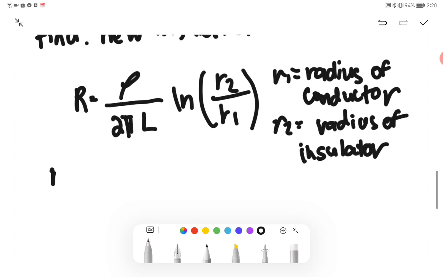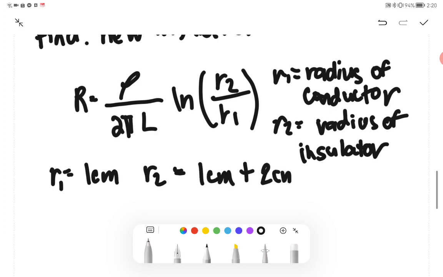Our R1 here is equivalent to 1 centimeter and our R2 is equivalent to 1 centimeter plus the insulation thickness of 2 centimeters, which equals 3 centimeters.